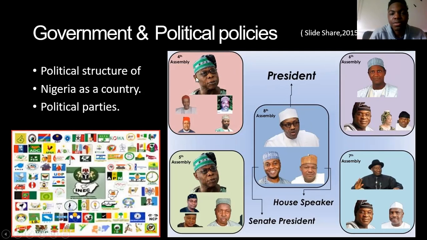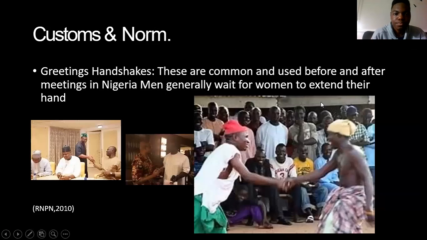Obasanjo is from the late 90s. There's Goodluck Jonathan from 2016. This is Obasanjo again. These are the Senate presidents, the vice presidents, and the House speakers for the different assemblies that came. Okay, on to the next one.